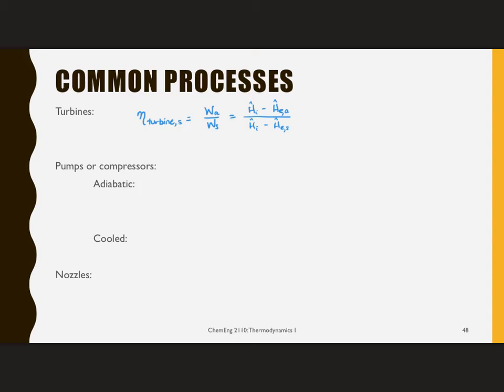And my ideal could be either that it's insulated, in which case reversible and adiabatic, or that it is isothermal. If I run a cooling system through there, especially with gas compressors, we're likely to do this, then my ideal would be reversible and isothermal. That's going to result in these expressions.